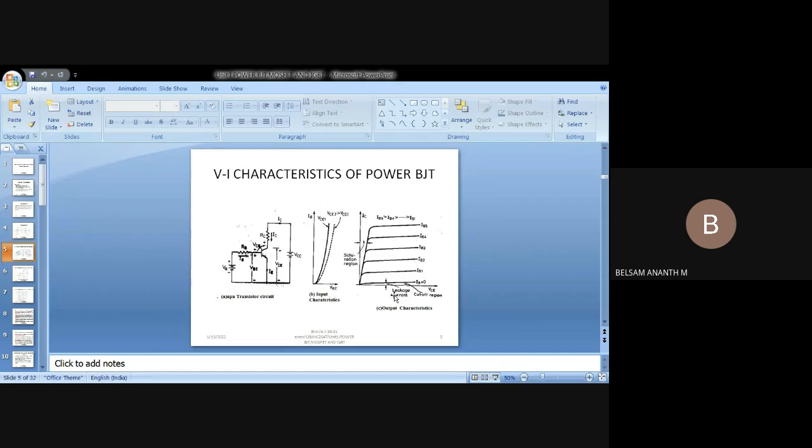Suppose I am going to drive a particular machine, for example, a DC motor or a DC generator, or, for example, a single phase induction motor.